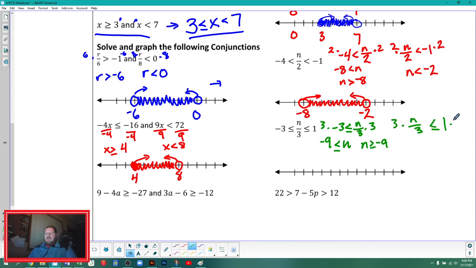Multiply both sides by 3, and I get n is less than or equal to 3. And now I have my two numbers. I've got one at -9 and one at +3. The -9 is greater than or equal to, so that's a closed circle, shaded to the right. 3 is going to be a closed circle and shaded to the left, so I shade where they overlap.